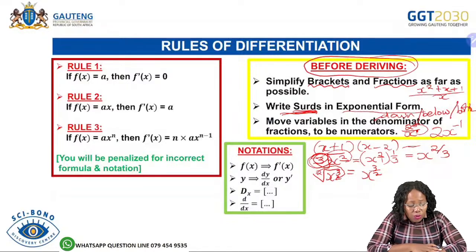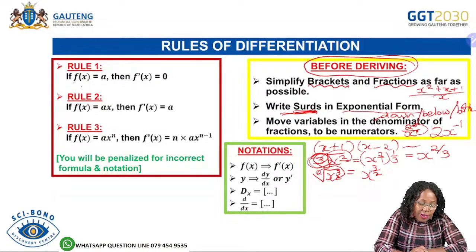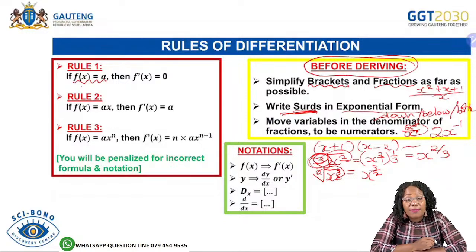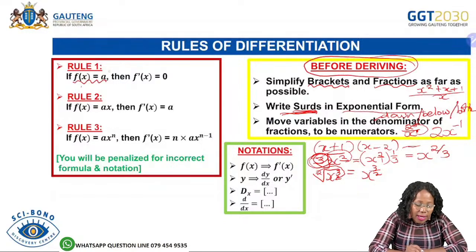Right, let's look at the rules now. We are having 3 rules that we are applying depending on the equation that is given to you. If you are given f at x equal to a constant value a, this a represents a constant value. A constant, we mean a number.